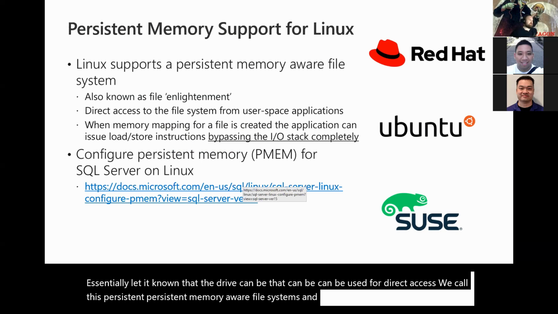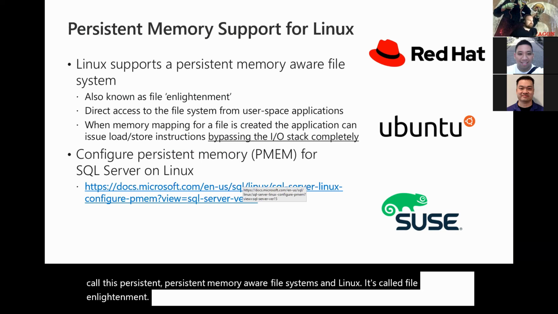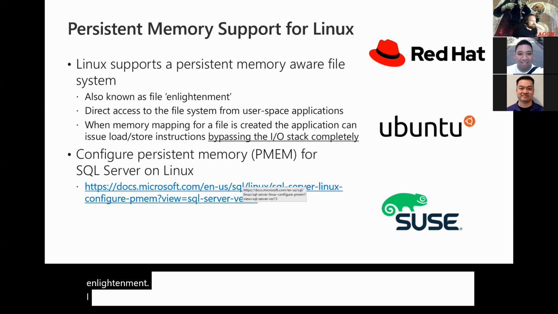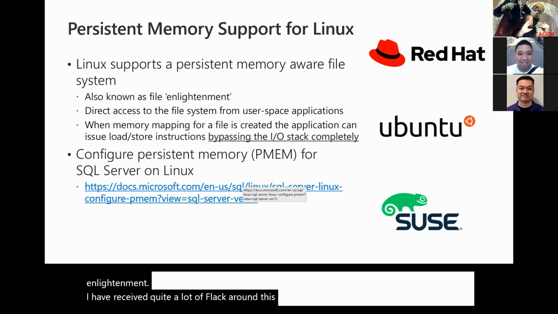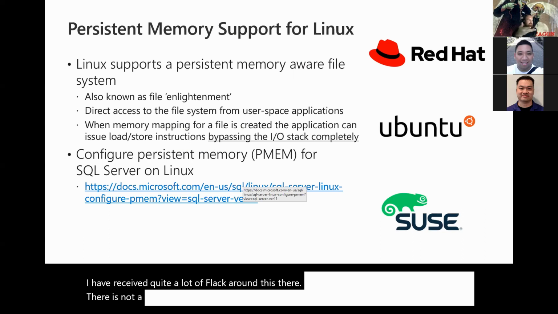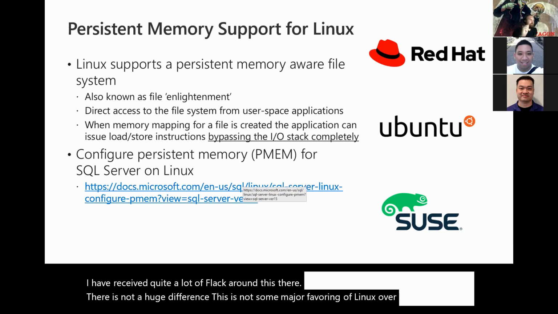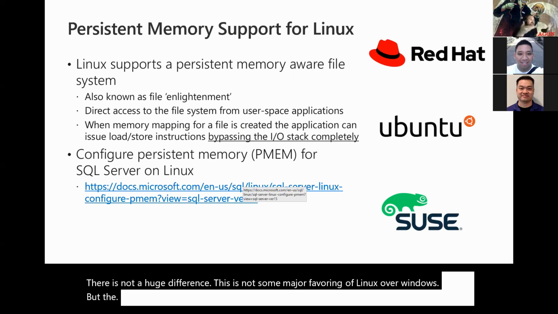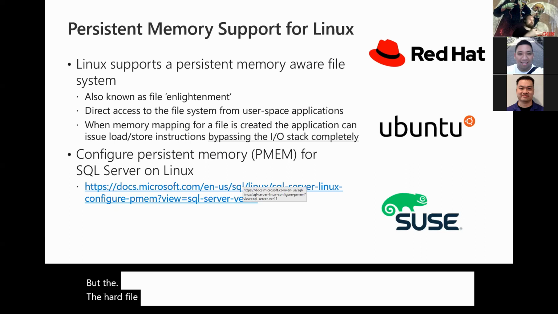It's called file enlightenment. I have received quite a lot of flack around this. There's not a huge difference. This is not some major favoring of Linux over Windows, but how file enlightenment is performed is the same operation.